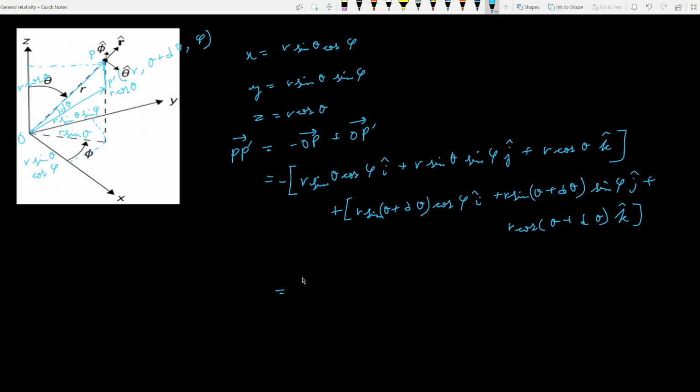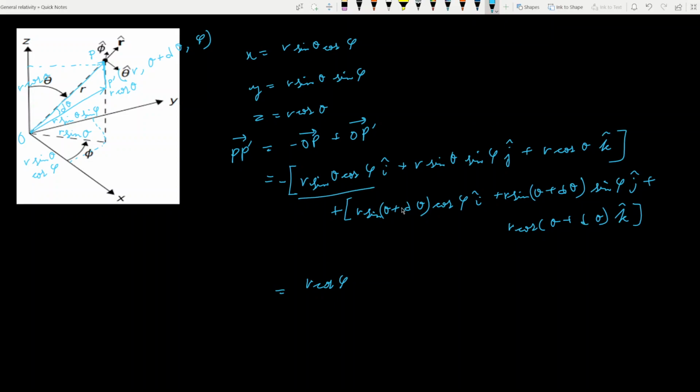So now what we would do is take r cosine phi common. In which terms do we have r cosine phi?